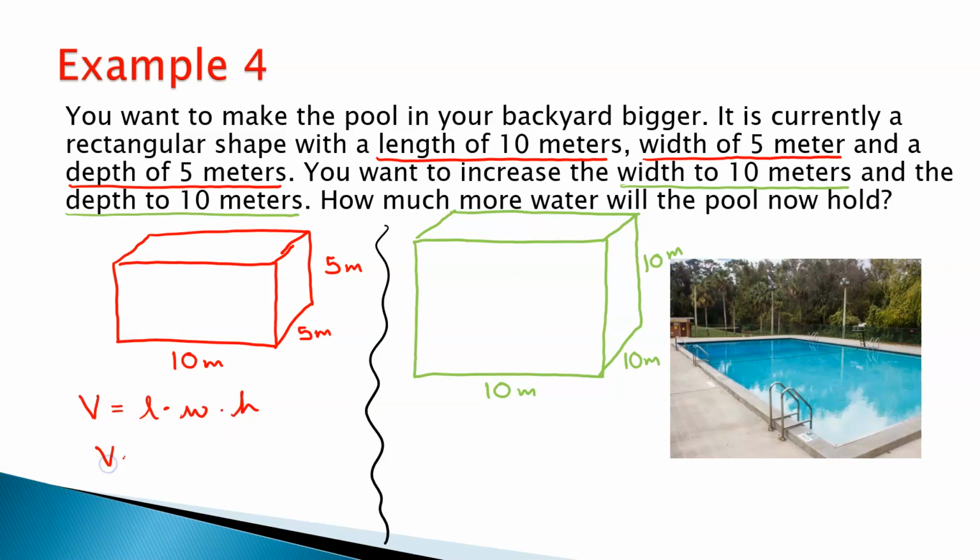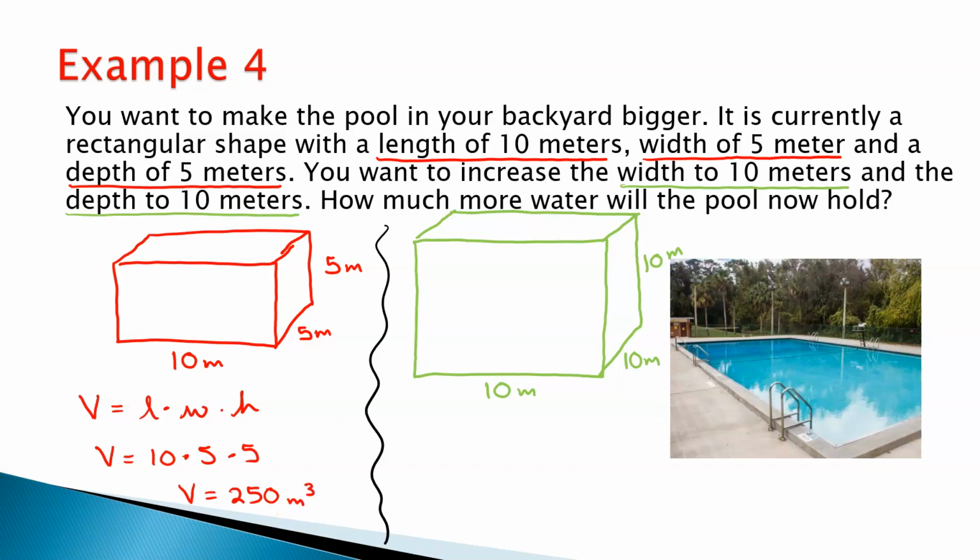So for this one, my length is 10 times my width is 5 times my height, or my depth, is also 5. So I have a total volume of 5 times 5 is 25, times 10, that is 250.